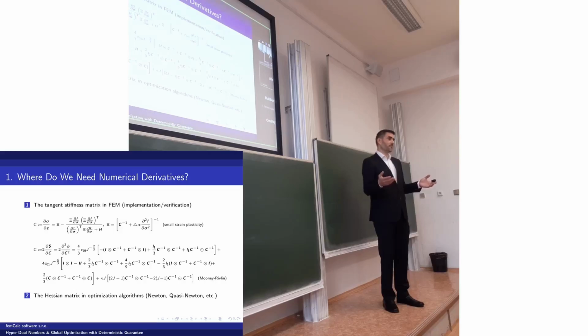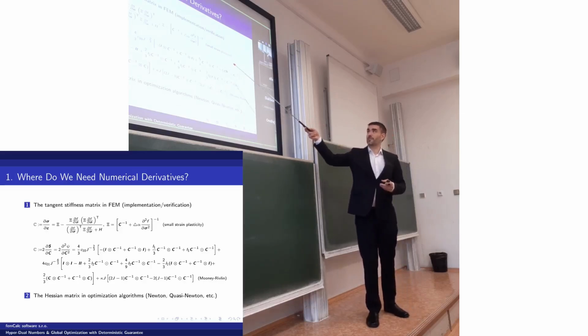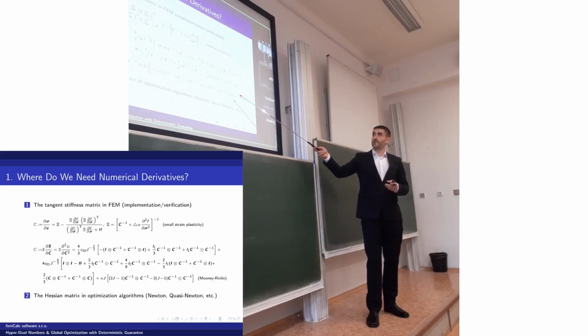For example, in some complicated problems with friction, there is a problem to get these analytical formulae, but even if you get them, and I wrote only two examples, the first is the stiffness matrix for small strain plasticity, and these three rows are a stiffness matrix for the case of hyperelasticity for the Mooney-Rivlin material.